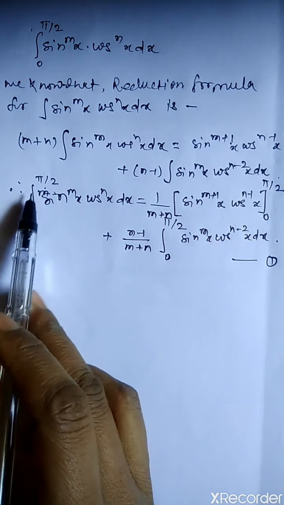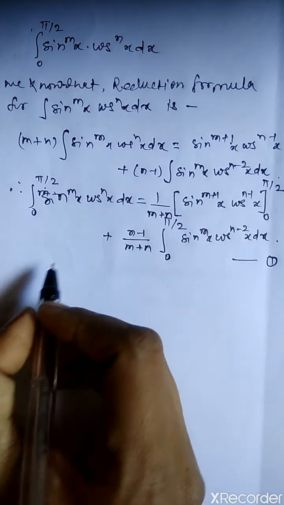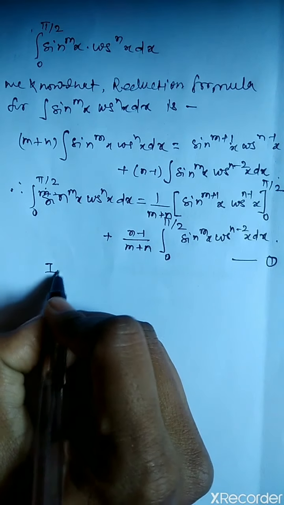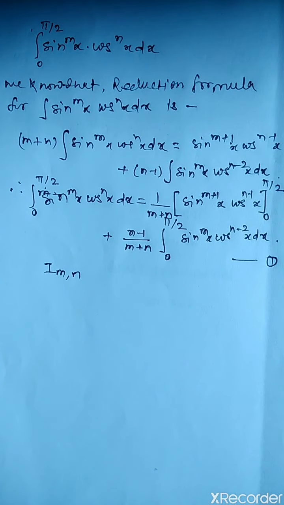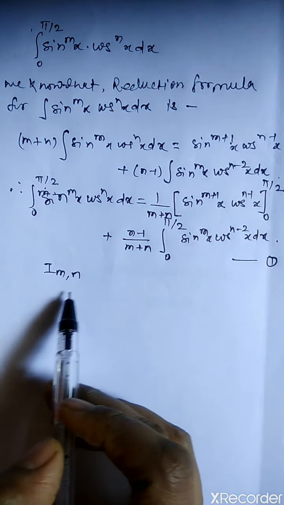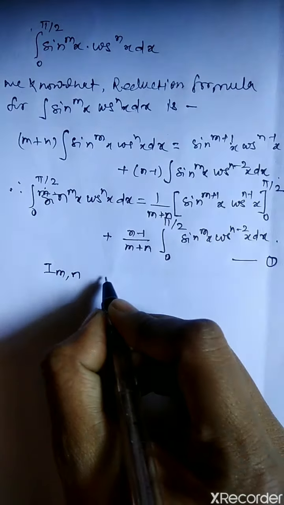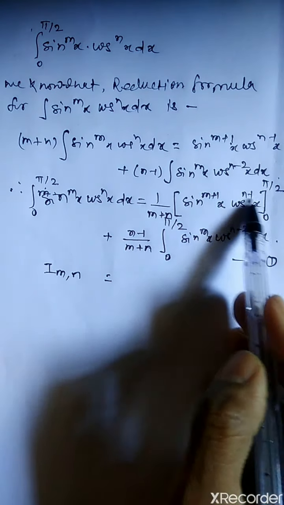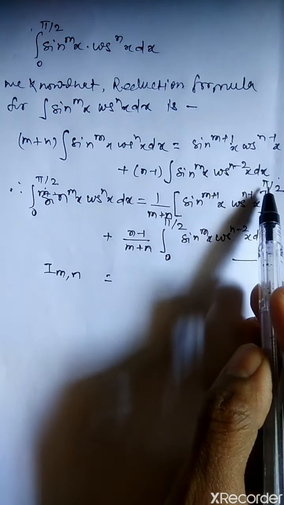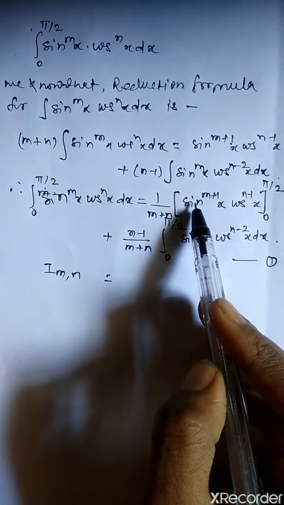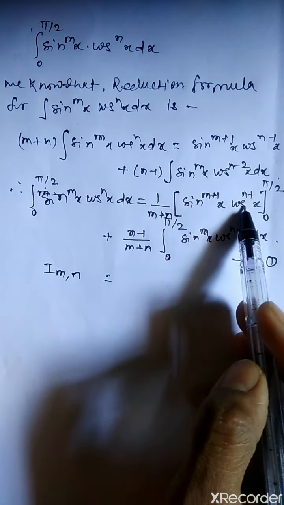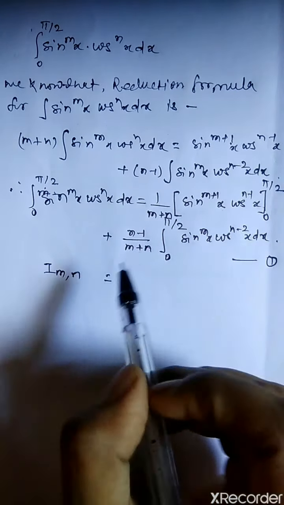Now what we will write, the left hand side value is I m n. Okay, this is integration over 0 to pi by 2 sin mx into cos nx dx. So the right hand side, this value will be equal to 0 because we have pi by 2 and here 0. So due to sin (m plus 1)x and cos (n minus 1)x, we are getting this value equal to 0.